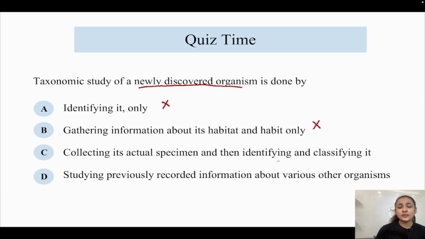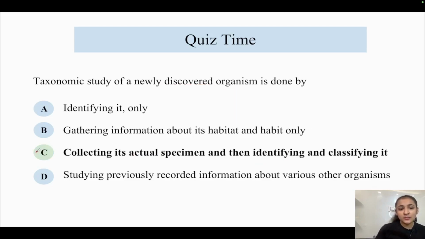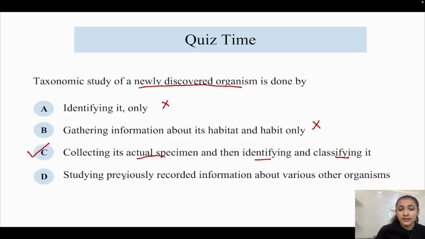No, that is also incomplete information. Option C, collecting its actual specimen and then identifying and classifying it. This option is correct. Option D, studying previously recorded information about various other organisms. This is also incorrect because this is a newly discovered organism.